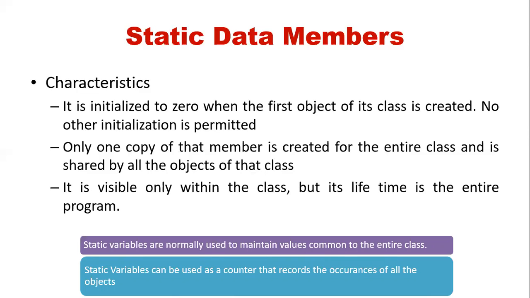Generally, a static variable can be used as a counter that records the occurrences of all the objects. For example, if you want to count some events, you can use static variables. You may know the visitor counter on websites, or the number of views for a YouTube video or a Facebook post.